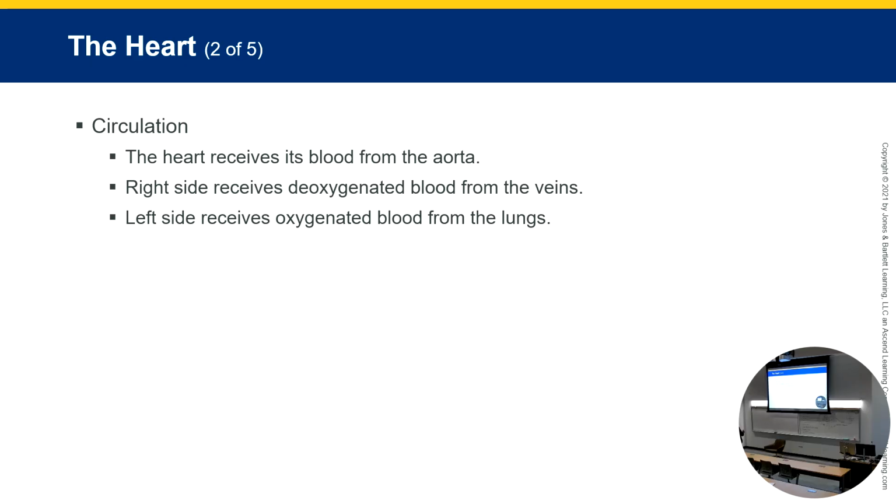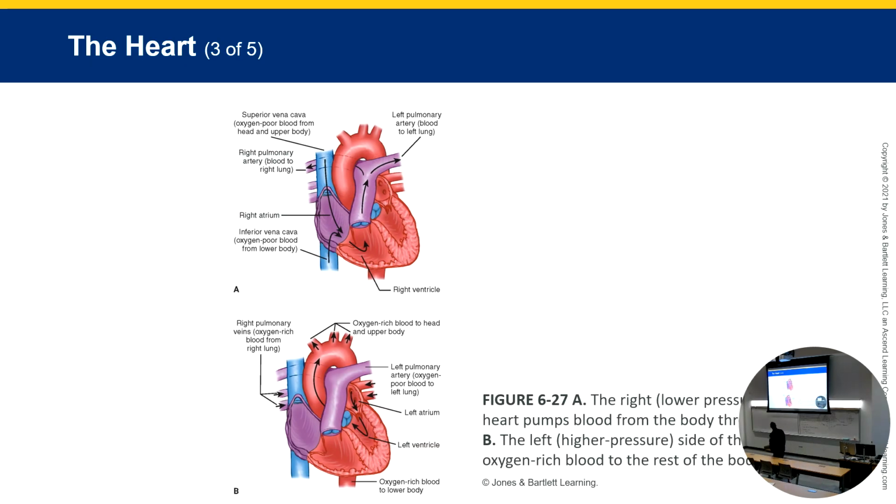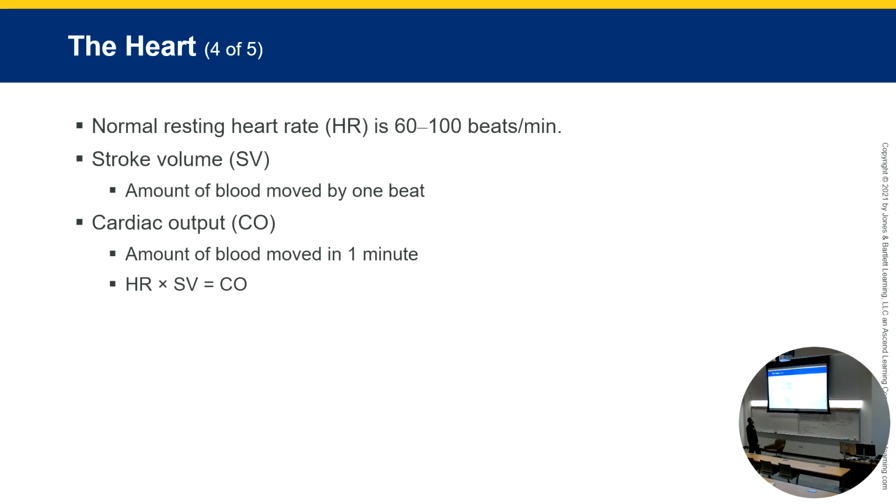It's still just like all the other organs and tissues, so it gets its own supply through the coronary arteries. We're going to talk about the different arteries in a second, like what tissues are supplied by what artery. Right side receives oxygen in veins, left side, we're going to cover that. Again, just more diagrams. We already covered that.